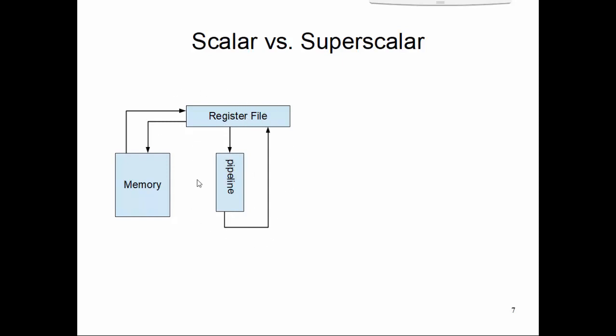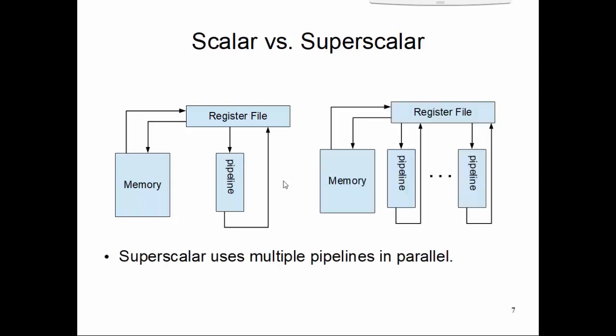Now superscalar would be like you deploy multiple pipelines. In the previous slide, the diagram we have shown is basically using two parallel pipelines. That's why it becomes two instructions truly going in parallel. Now for the superscalar, you are not bound to 2 or 4.